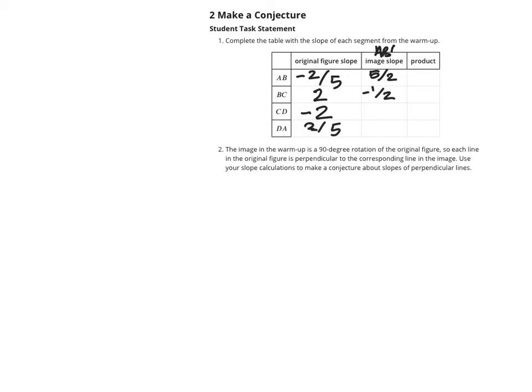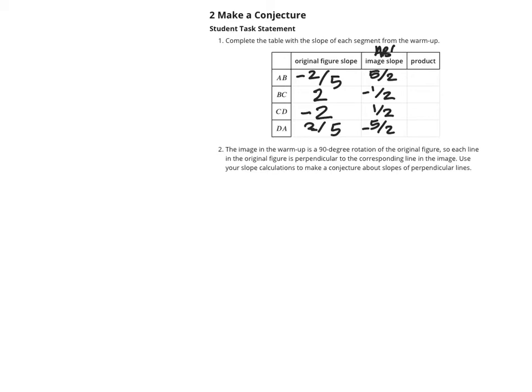C prime D prime, rise of 1, run of 2. And D prime A is a rise of 5, a run of -2.